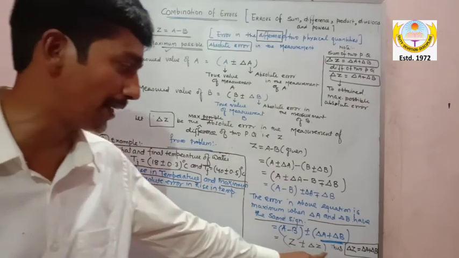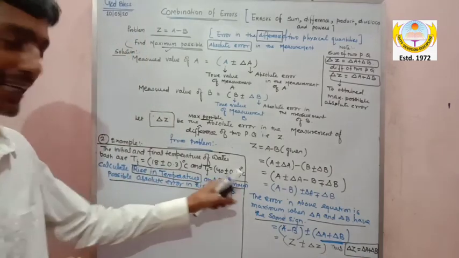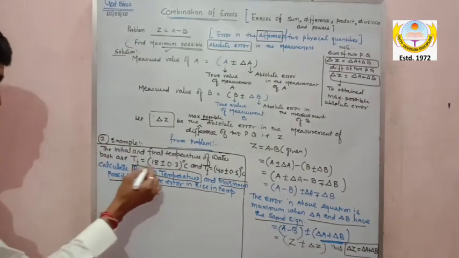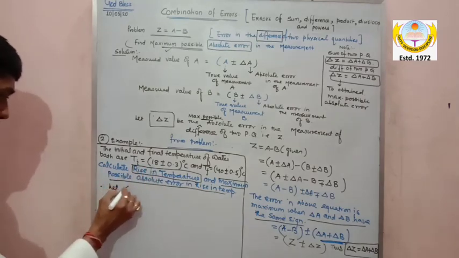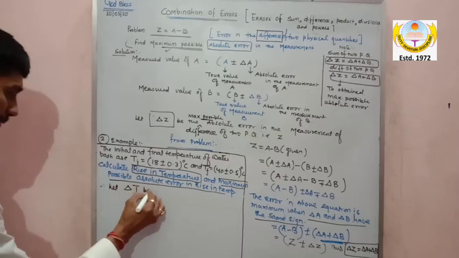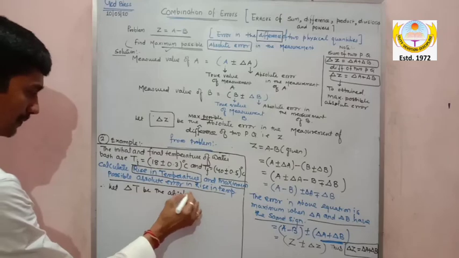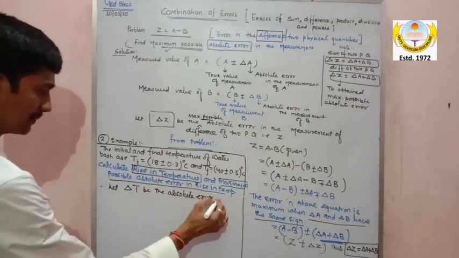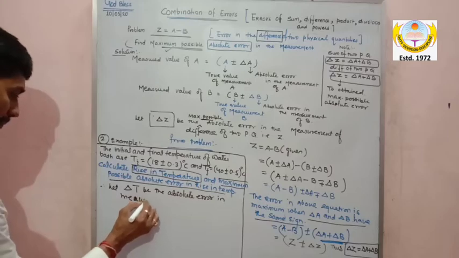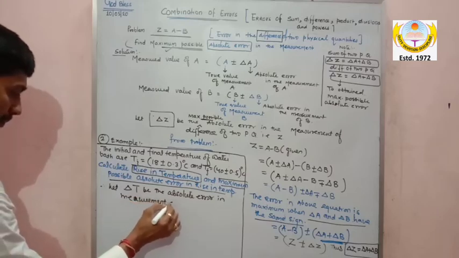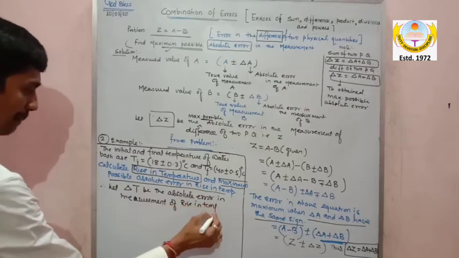Maximum possible absolute error means the value of delta Z, which I will get by delta A plus delta B. So now here, my dear, for the rise in temperature, let delta T be the absolute error in the measurement of the rise in temperature.